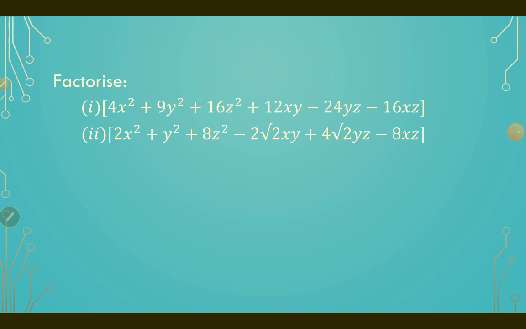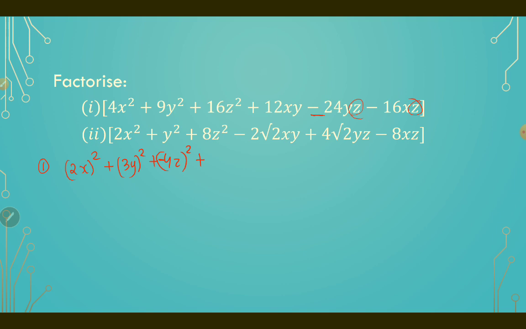Factorize. So the first one can be written as 2x the whole square plus 3y the whole square plus 4z the whole square plus, but we can see negative sign wherever there is z. So 4 is positive, but here it's negative, so z should be negative.